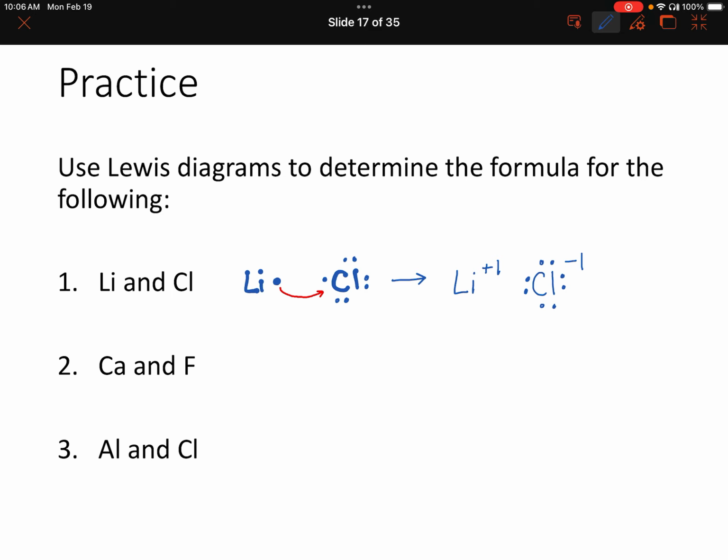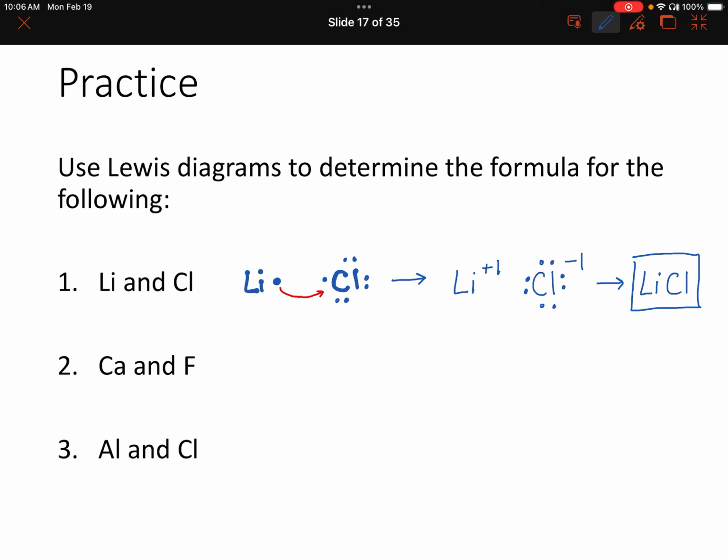So now we can write the formula, which is going to just show one lithium and one chlorine because their charges +1 and -1 match. So we just need one of each in order to have an overall 0 charge. So that would be our answer: LiCl.